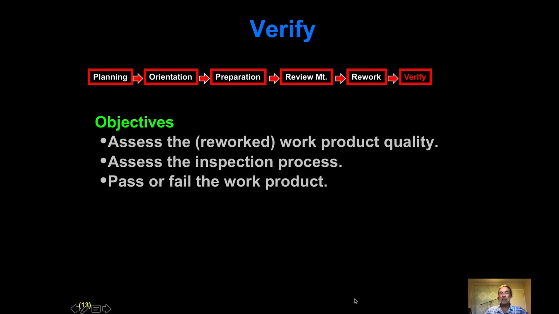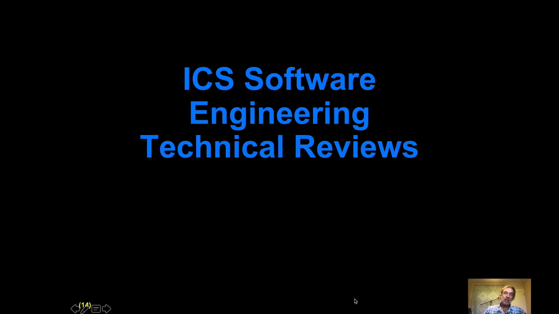Although, as we saw earlier, that overhead is generally not as much as the overhead incurred by not doing reviews at all. Okay. So in this class, we're not going to do that highly formalized software inspection.